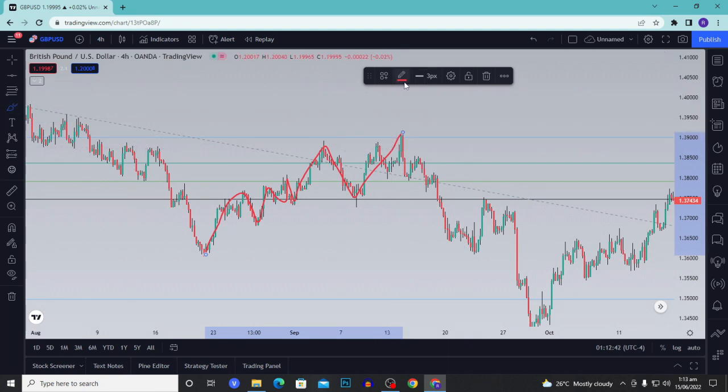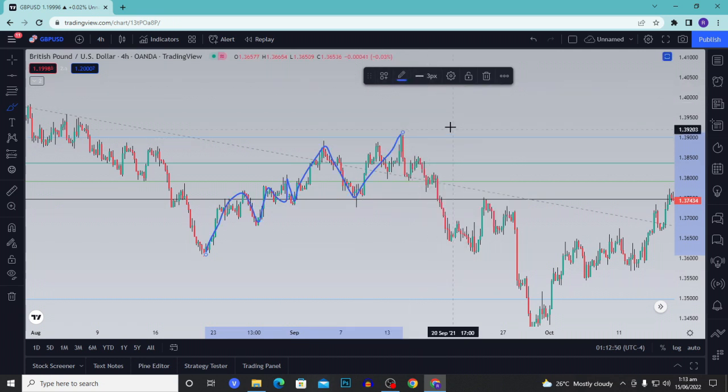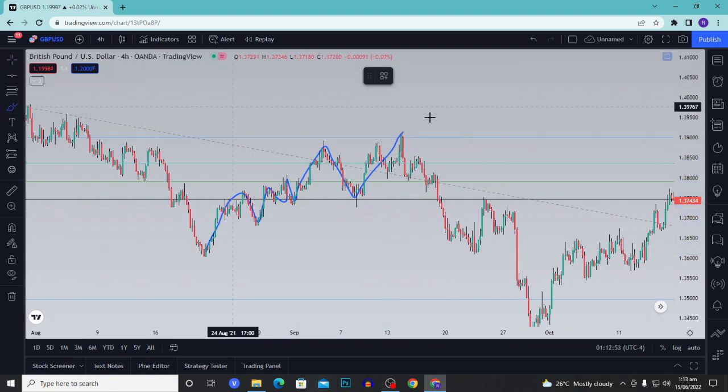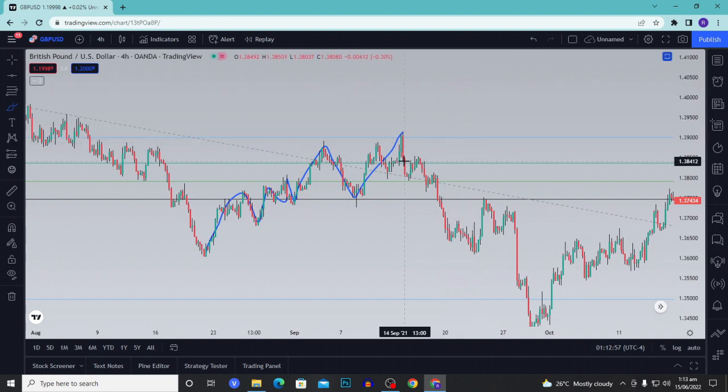I'll put this in blue since the price is going up. Now I'll put it in red. And after this is where the change in market structure begins.